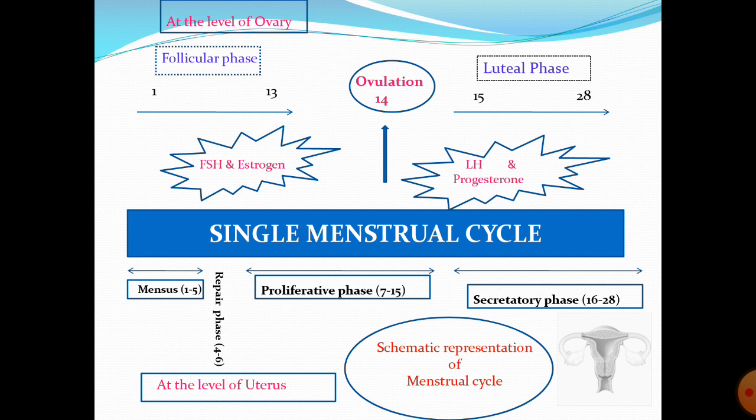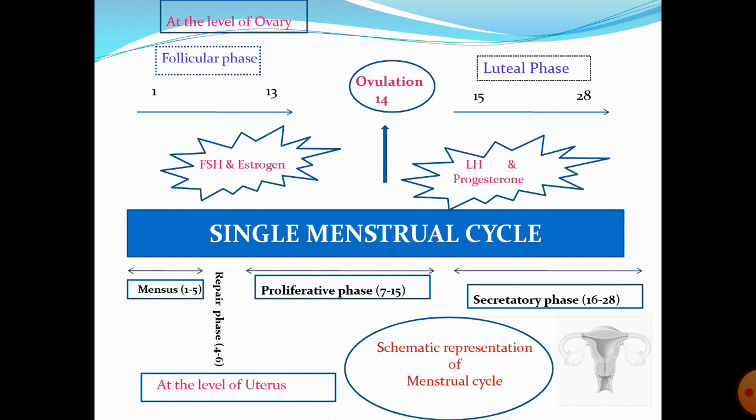This phase starts from day 7 and comes to an end by about the 15th day. It is characterized by the proliferation of the uterine endometrium, that is the functionalis layer of the endometrium.